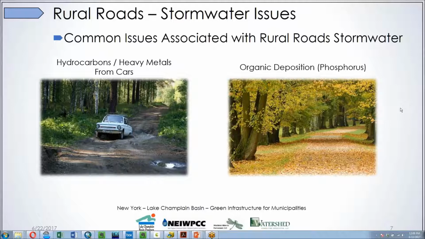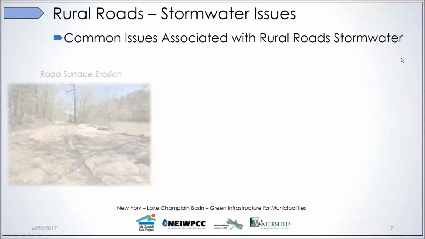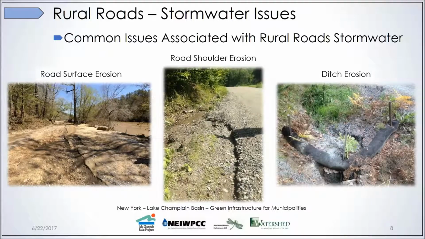Those are two common issues to any street. But then there are some other issues associated with rural roads that are not necessarily common to all streets. Road surface erosion: in a paved road, you won't really have this, but the road surface of a rural road, especially a gravel road, can erode over time. There's phosphorus bound up in that material.